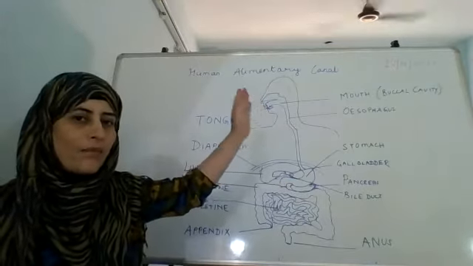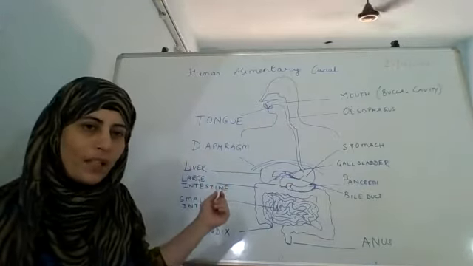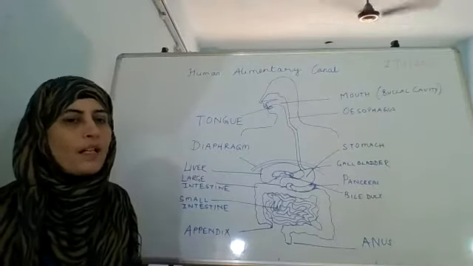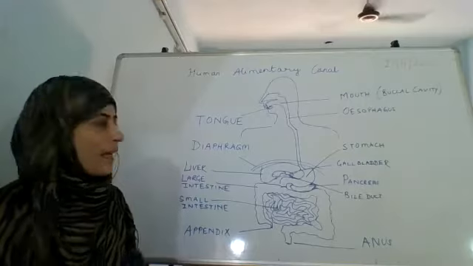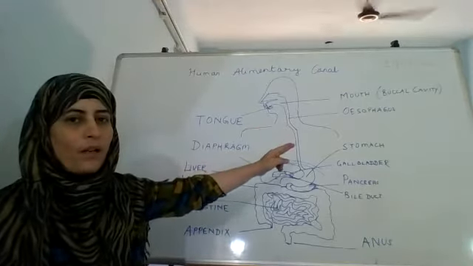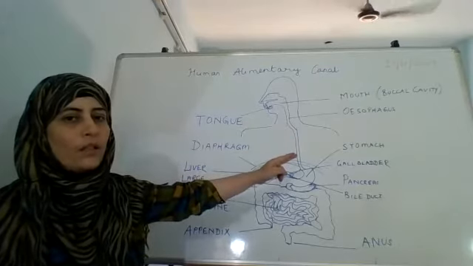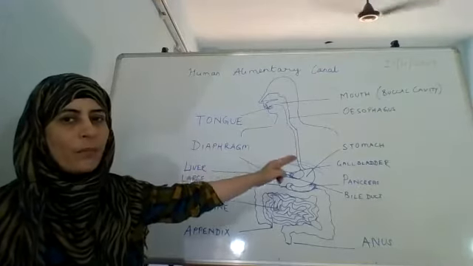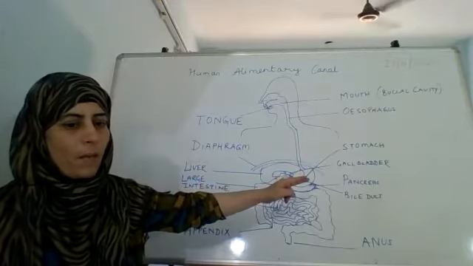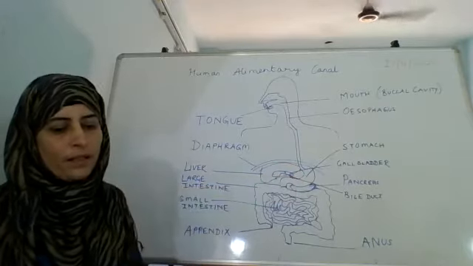Then the saliva from the salivary glands wets the food and makes it soft so that it can pass through the smooth lining of the esophagus, and it passes down and down by the peristaltic movement, and it enters the stomach. Yes, now it is in the stomach.